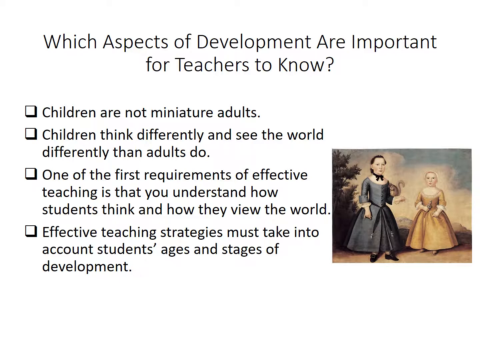I remember many times in my teaching, I would pause and say, well, that's a really bizarre thing to say when a student said that. I wouldn't say it out loud, but I would think it. It's because I wouldn't expect adults to say those things, but children are different and see the world differently, so say different things. Effective teaching strategies take into account students' ages and stages of development.